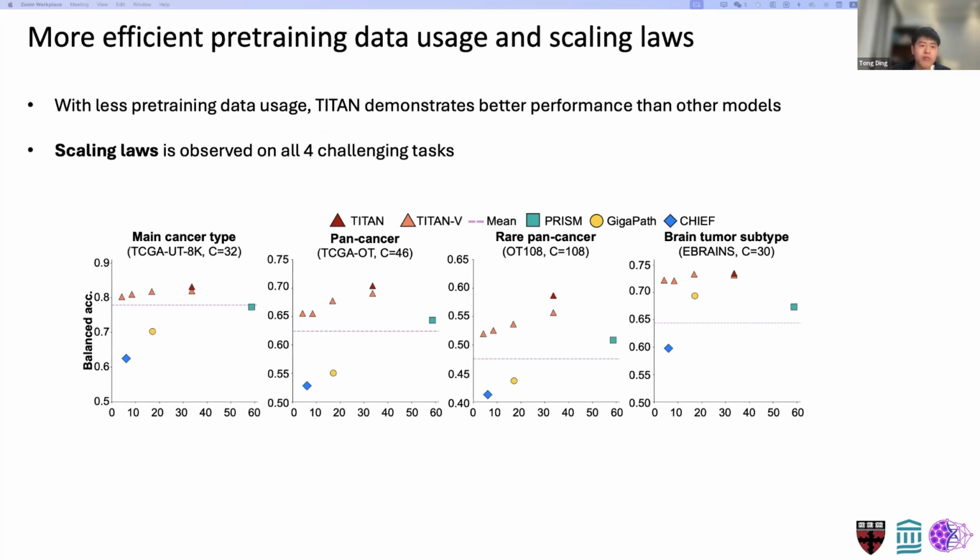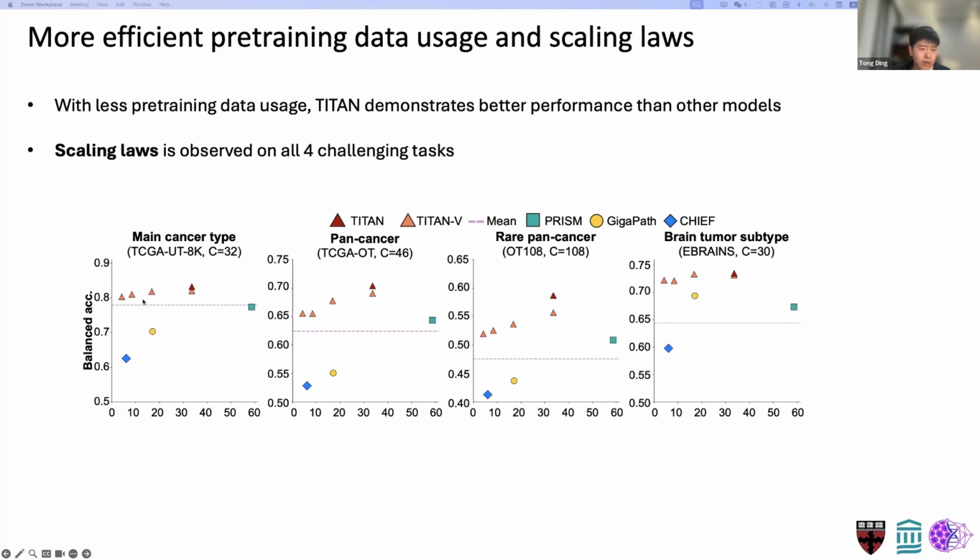And next, we wanted to investigate the efficiency of pre-training data usage and scaling loss. First of all, we demonstrate that even with the usage of around 40,000 slides, Titan can already outperform other models trained with much more data, such as more than 500,000 slides already.